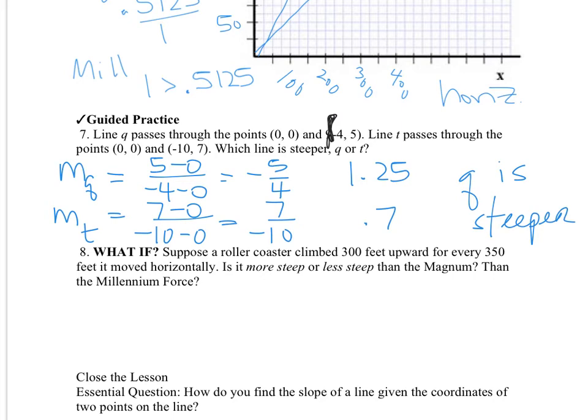If you recall earlier in the notes, there was a little blip, that the absolute value of the slope, the one with the greater absolute value, is the one that is steeper. So that is why line Q would be steeper.